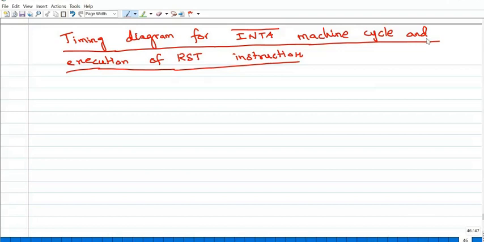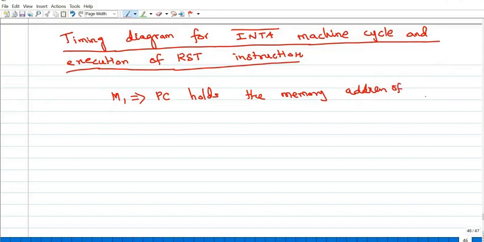Before drawing the timing diagram, please understand: during machine cycle 1, the program counter holds the memory address of the next instruction.